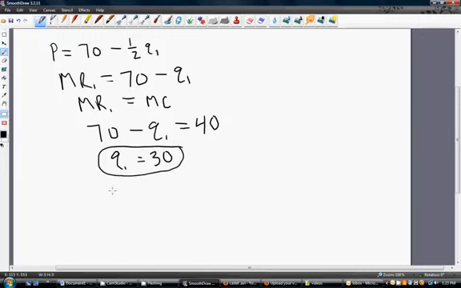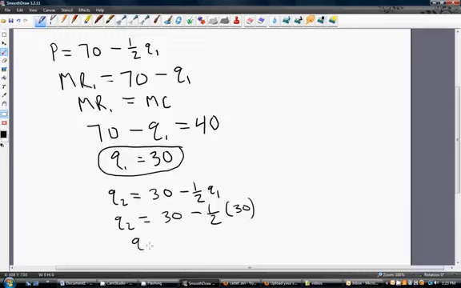Now to figure out how firm 2 is going to respond to that, the optimal output for firm 2 is to take firm 2's reaction function and plug in 30 for Q subscript 1, and firm 2 will produce 15 units of output.